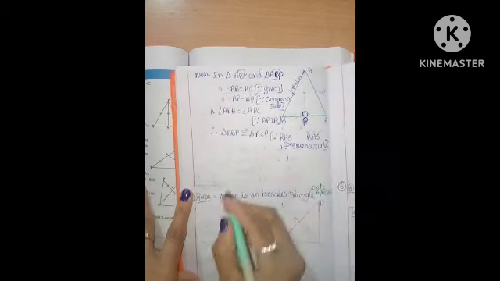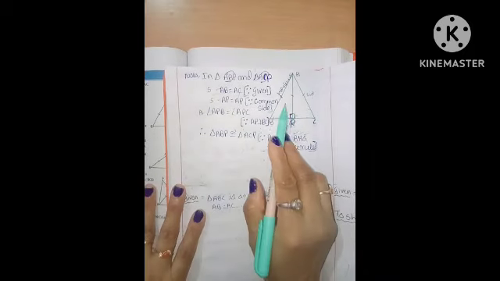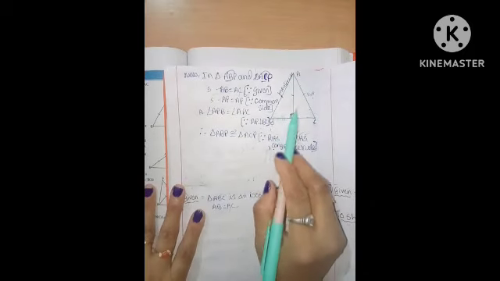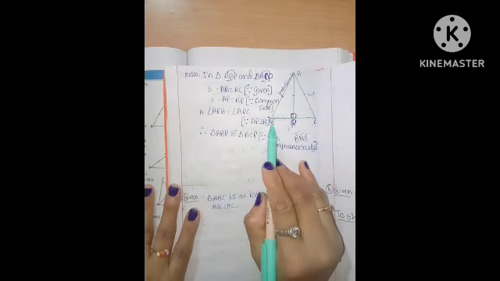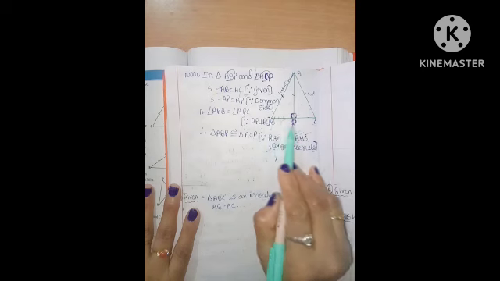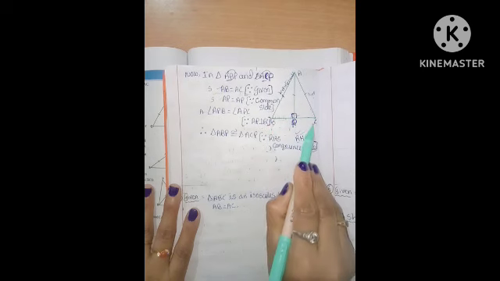Okay, these two are equal. Next, apart from this, there is nothing else. So by CPCT, these two angles are equal. Yes, they are equal.